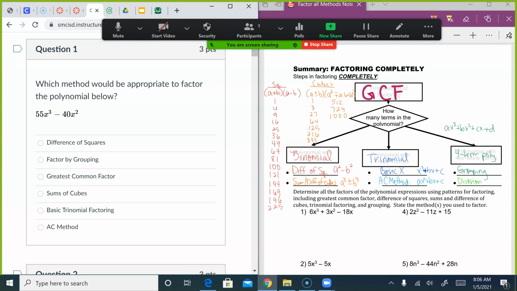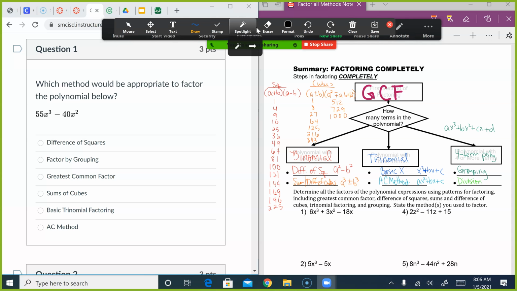Alright, so here, if we look at the first one, again, the first thing we always want to check for is a GCF. So is there a number we can divide both of these by, or a variable? Since they both end in a 5 and a 0, that means they can both be reduced by at least 5, maybe more, but for sure 5.